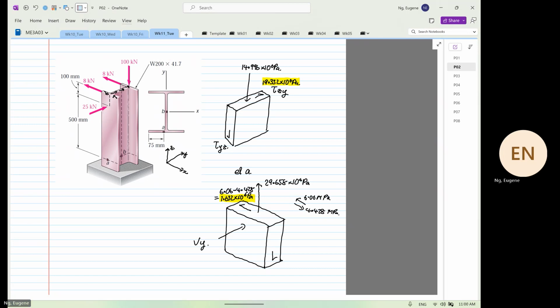If you are a graduate from any other university, probably for element A, you might be lucky, because it's so small, you will not increase your maximum normal stress. But if you look at element B and you don't calculate the shear stress, what happens? You grossly underestimate the normal stress. Can you see where the problem is?